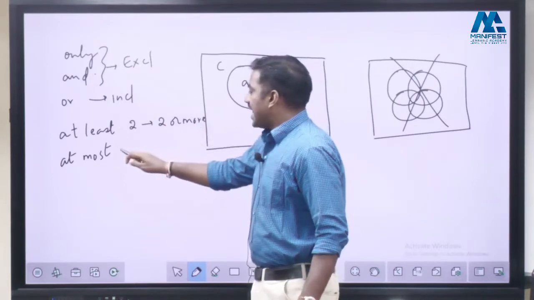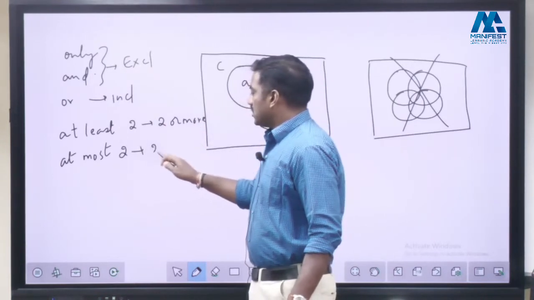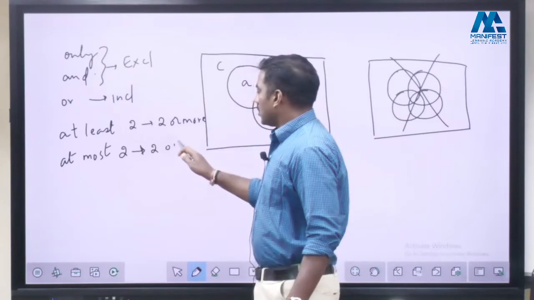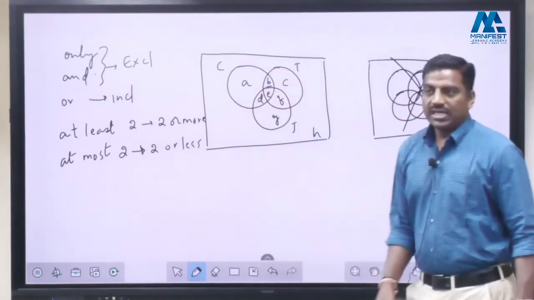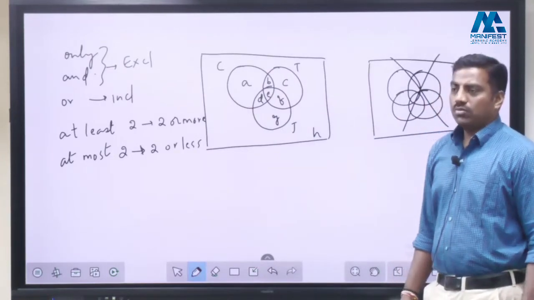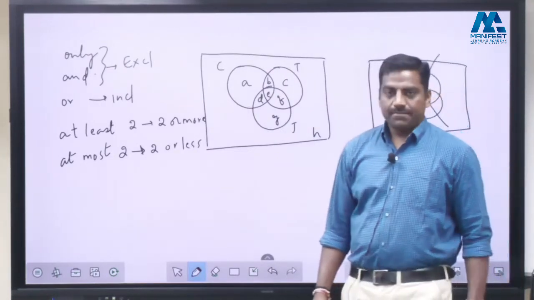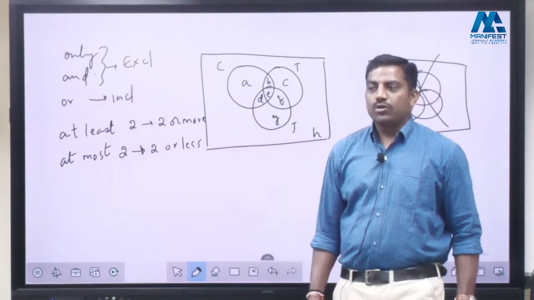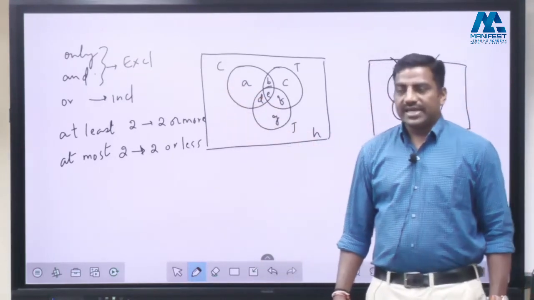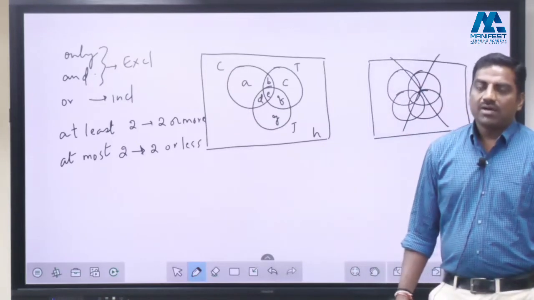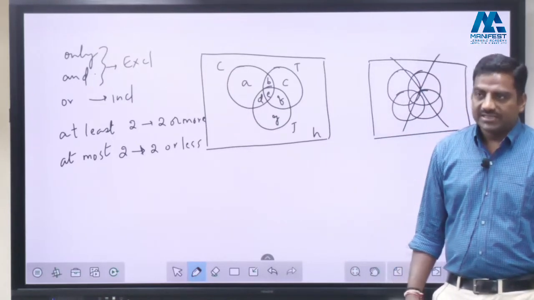Here, when we say at most 2, this is 2 or less. Done? So this is how we have to. And while we give care to these words, and, only, or, then at least, at most, all that thing, then our construction of the diagram becomes very easy.